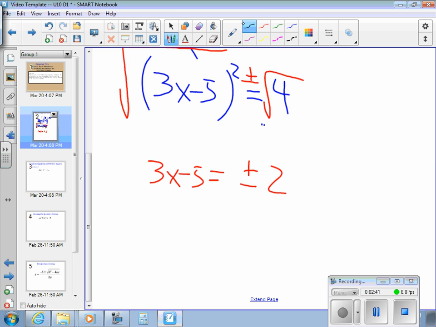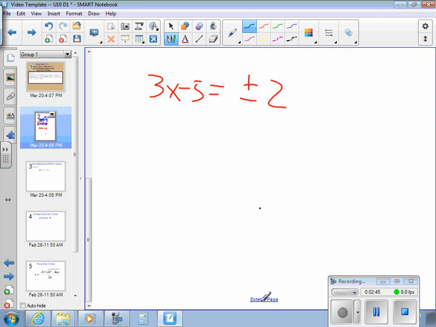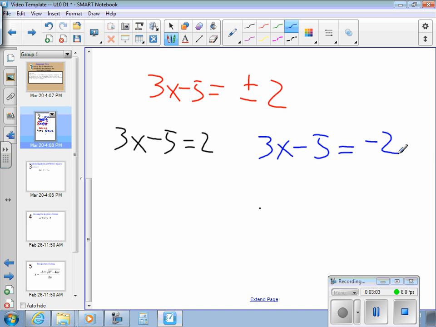Now, that plus or minus means that there are actually 2 equations here, and I'm going to break it apart into those 2 equations. One of them is 3x minus 5 equals 2, and the other one is 3x minus 5 equals negative 2. And now we'll solve each of those equations.